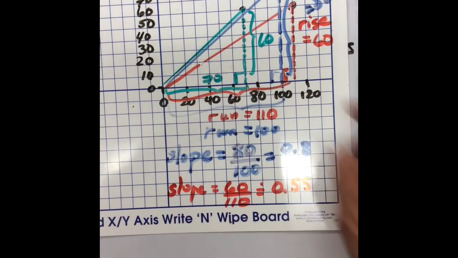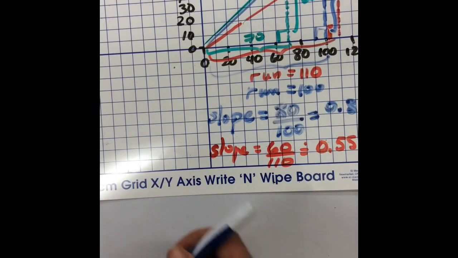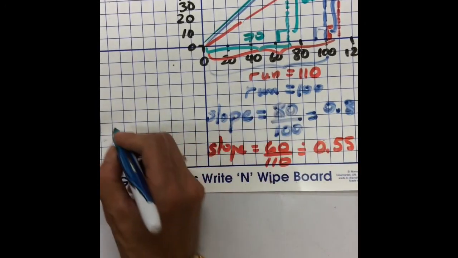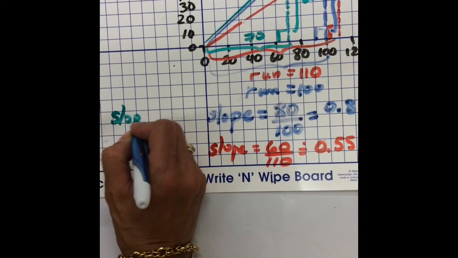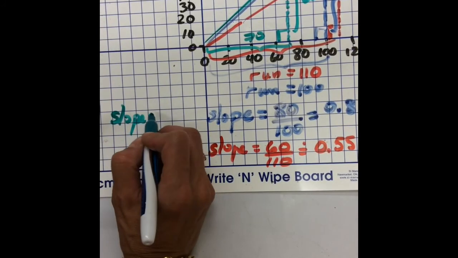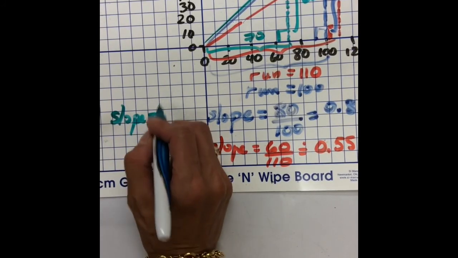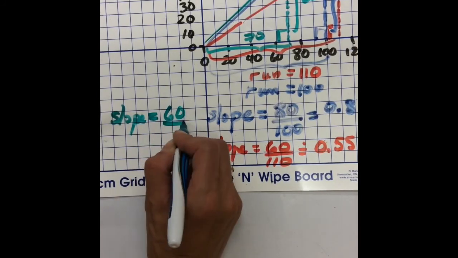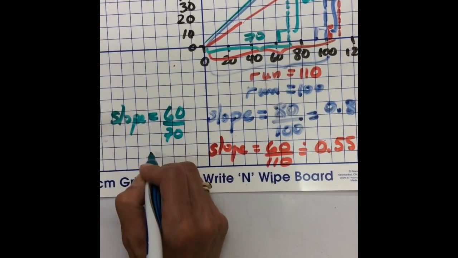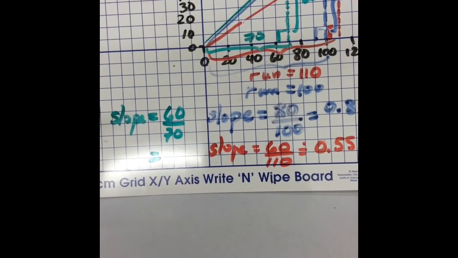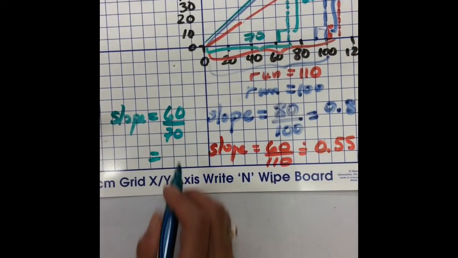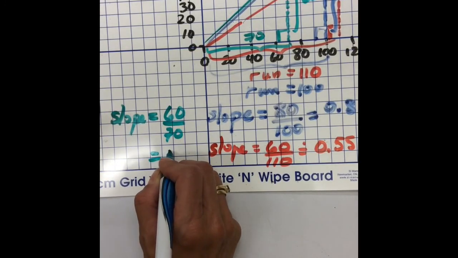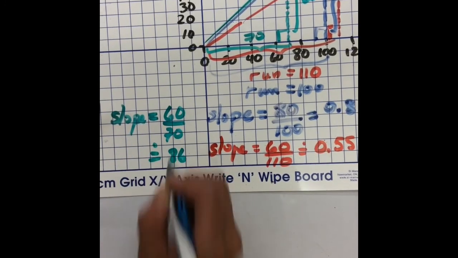But we weren't certain about the blue and the green. So let's figure out the slope of the green. Remember, it's rise over run. And a common mistake is for students to mix those up. So the slope is the rise over the run, 60 over 70, and that is equal to 6 divided by 7, which gives us approximately 0.86.